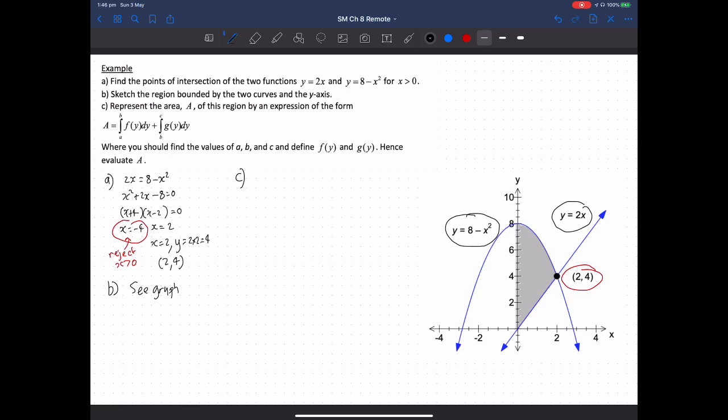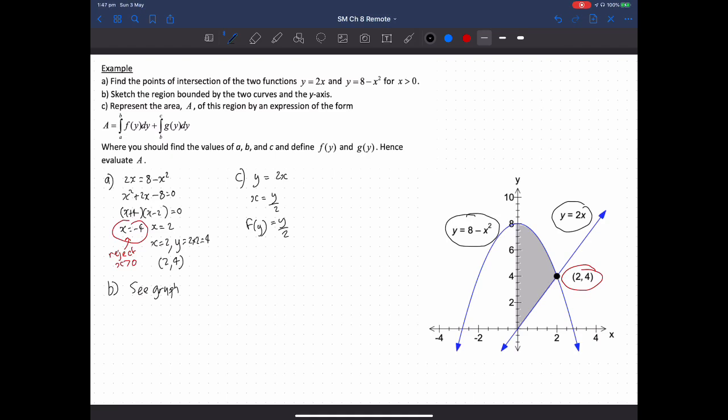So here we go. I'm going to say we've got y equals 2x. x then would equal y divided by 2. Just because f(y) is the first one there, I'm going to write f(y), a function of y, is y on 2.